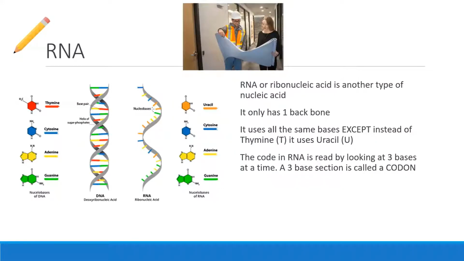Now, RNA, and this is not a typo, or ribonucleic acid, is another type of nucleic acid. So there are actually different types of nucleic acid. DNA is deoxyribonucleic acid, whereas RNA is just ribonucleic acid. Let's talk about some of the differences between RNA and DNA.